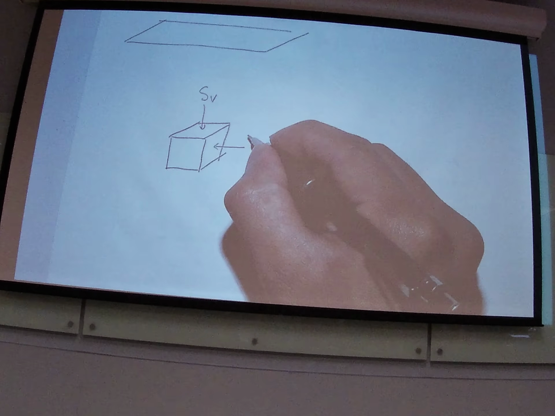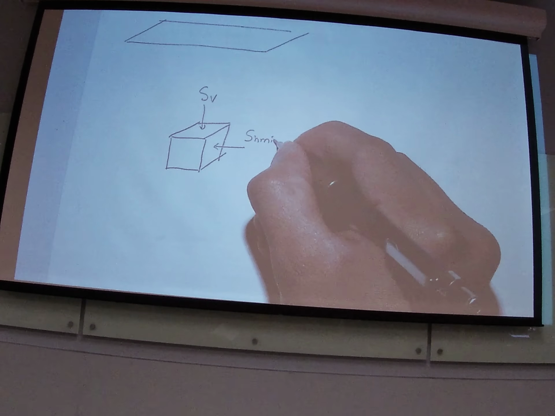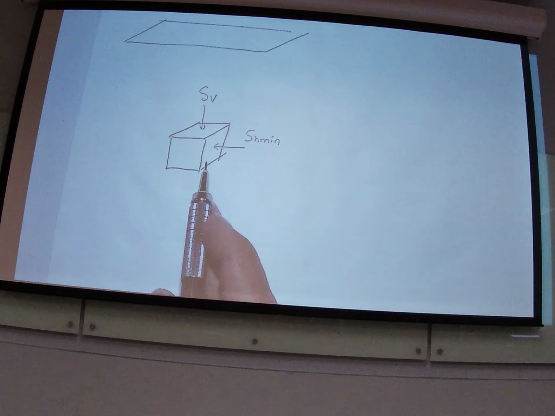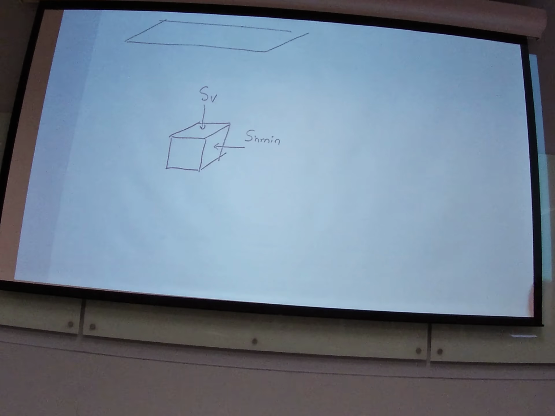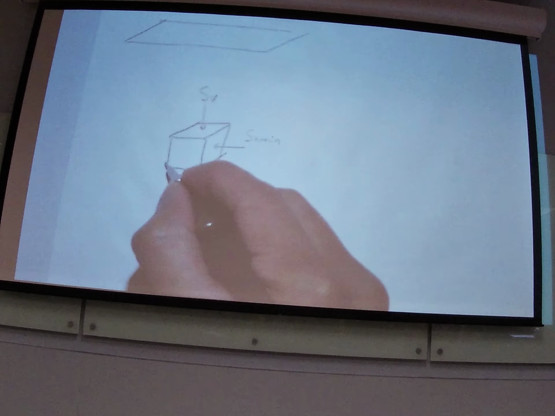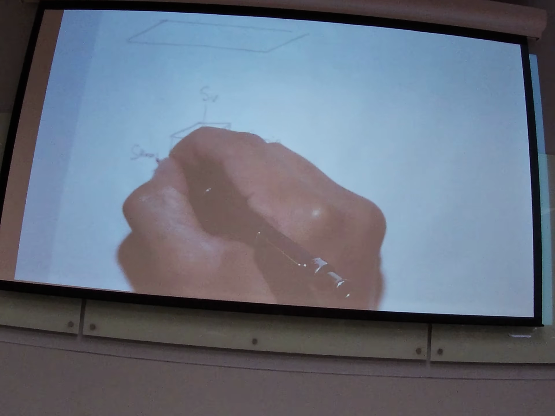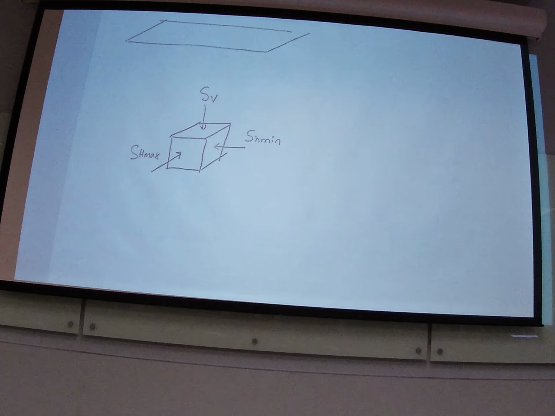There are going to be 2 other stresses, which is going to be the minimum principal stress, which I have chosen the direction in this case to be like that, but it could be in some other direction. And also we're going to have the total horizontal maximum stress.